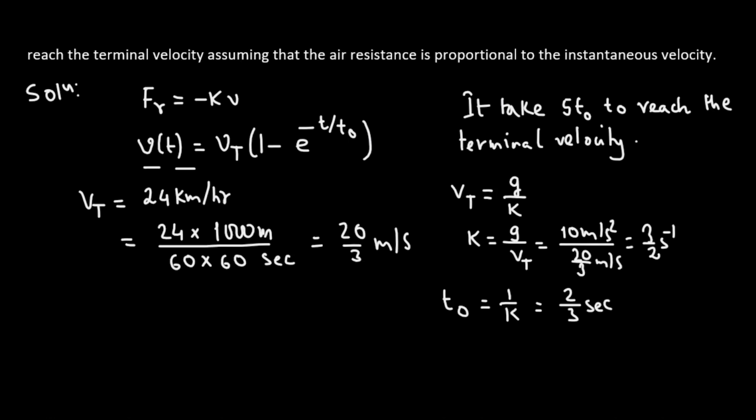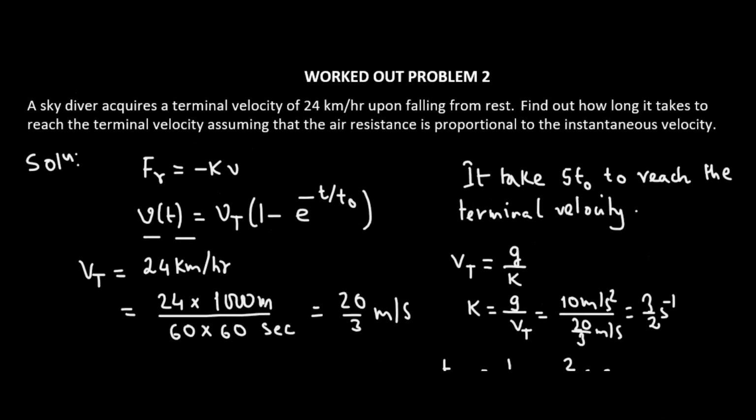So 5 t naught equals 5 times 2/3, which is 10/3, approximately 3.33 seconds. That means it takes approximately 3.33 seconds for the skydiver to acquire a terminal velocity of 24 kilometers per hour once it falls from rest.